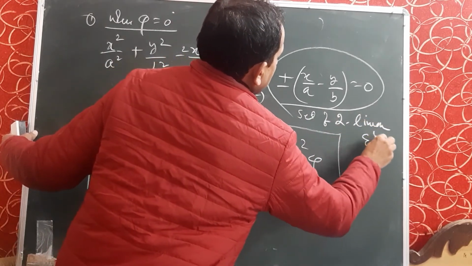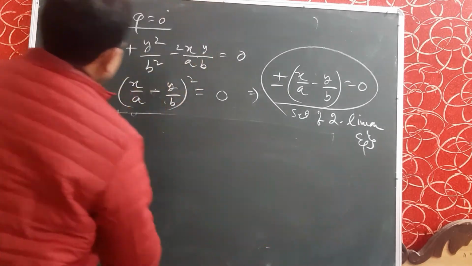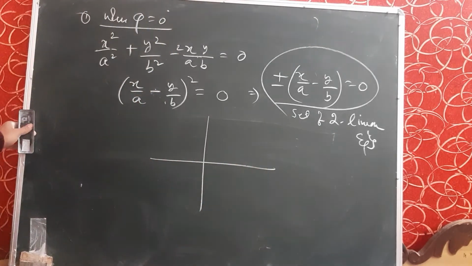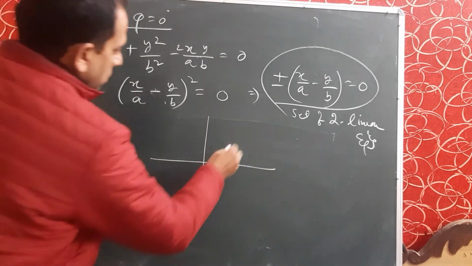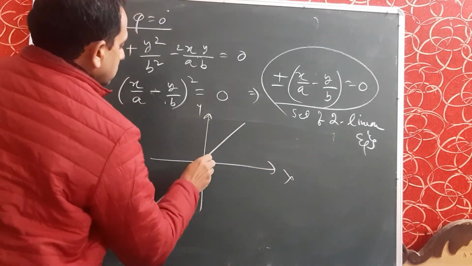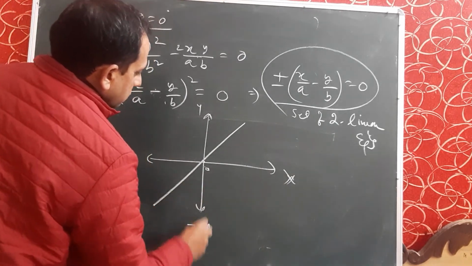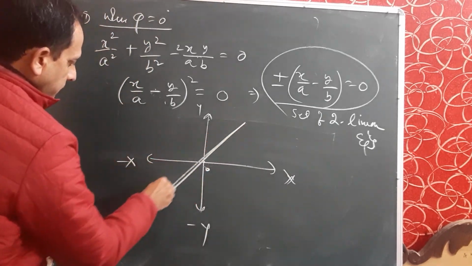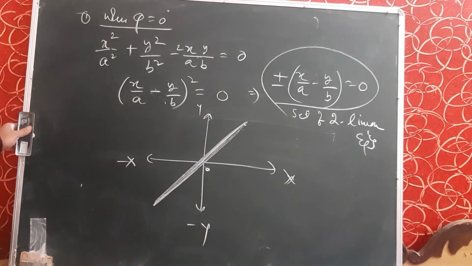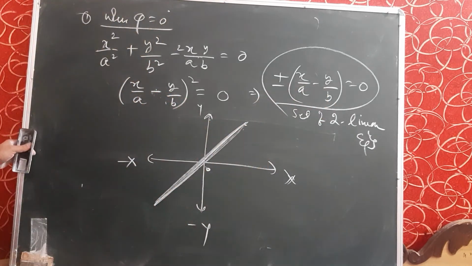So, it is a set of 2 linear equations. If we plot the graph for x and y, you will get this type of answer. This one is the x axis, this is the y axis, this is 0, this is the minus x axis, and this is the minus y axis. So, this is the straight line. It is not a single straight line, actually these are 2 straight lines overlapping on each other.